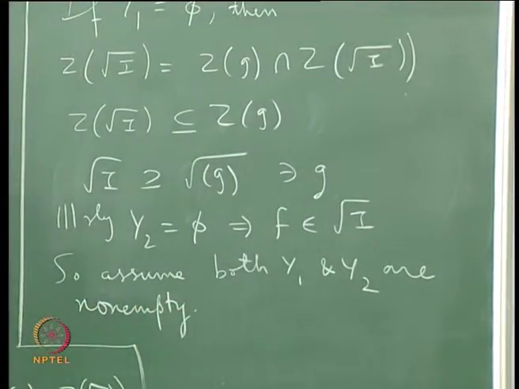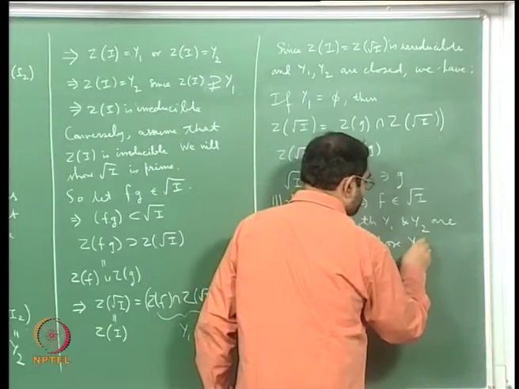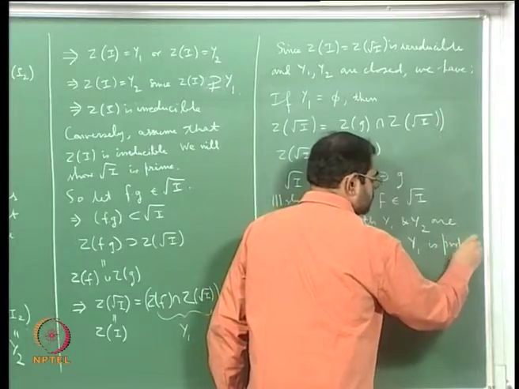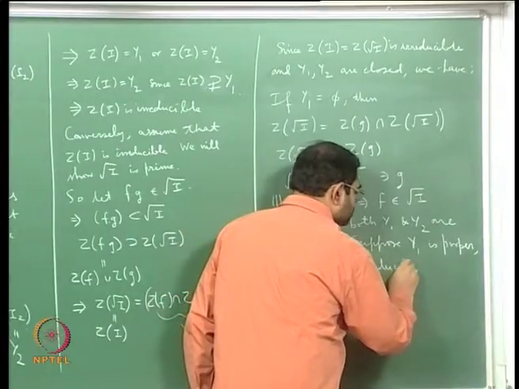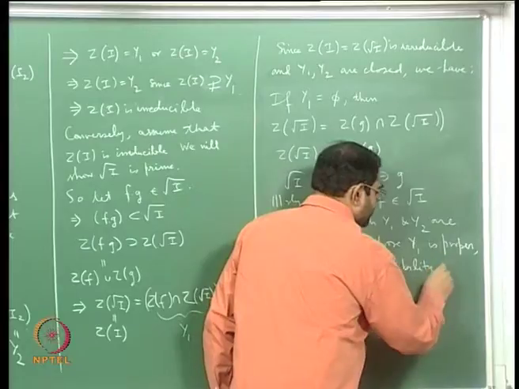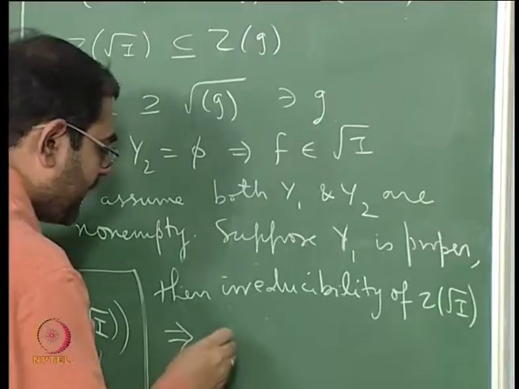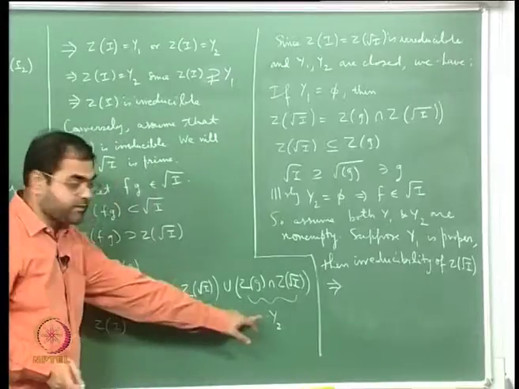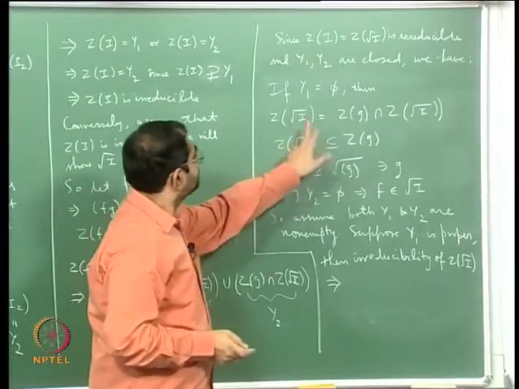So you will have to thrash out all the possibilities. Suppose Y1 is proper, then irreducibility of Z of the radical implies that if this is proper, then that cannot be proper. If Y1 is proper, then Y2 cannot be proper, so Y2 has to be everything, and in that case g belongs to the radical.